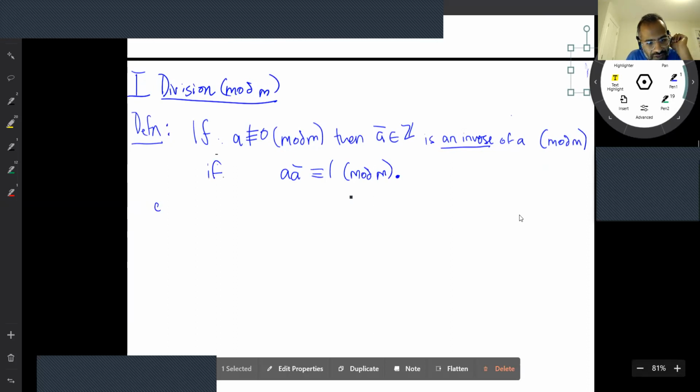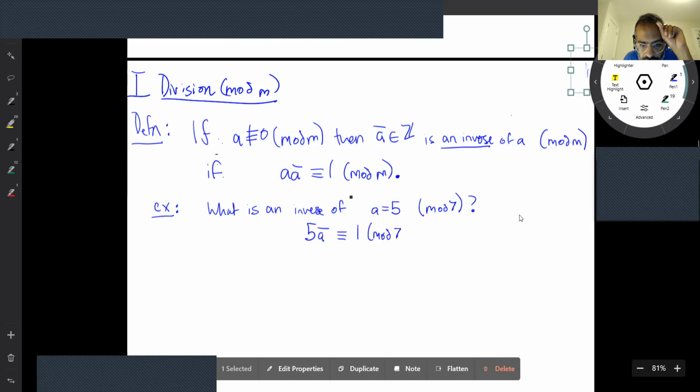So for example, let's look at an example. What is an inverse? We never said it's unique as defined so far. What is an inverse of a equals 5 mod 7? That means I want a number a bar so that 5 times a bar is congruent to 1. By the definition, I want an integer a bar such that 5 times that integer is congruent to 1 mod 7.